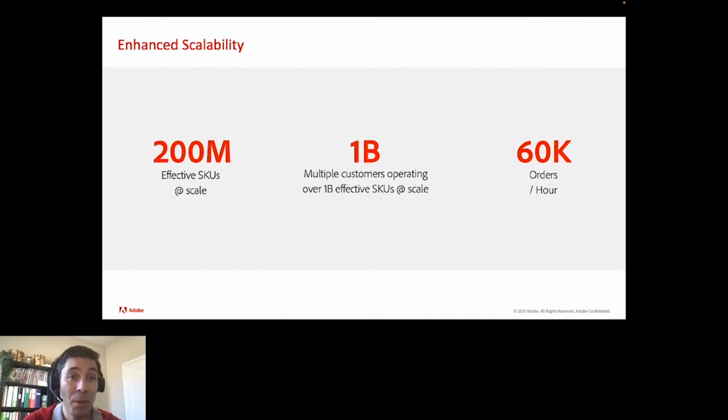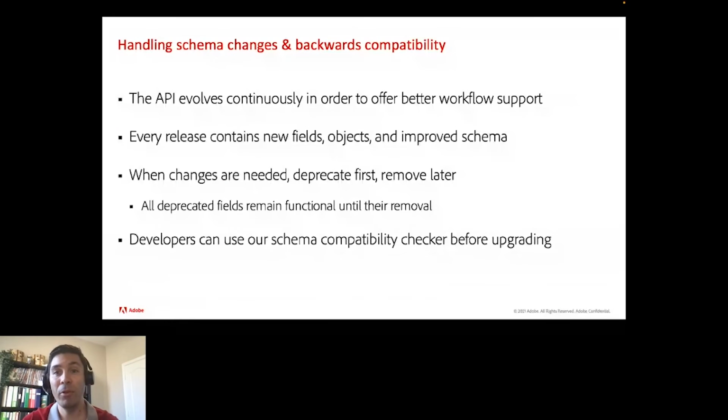Handle schema changes and backward compatibility. Compatibility and continuous schema evolution and deprecation is built into GraphQL. We always took this very seriously because we have multiple consumers that depend on our schema, and we're very intentional about backwards compatibility. The API evolves continuously in order to better support workflows, and this is the only way to actually progress and innovate.